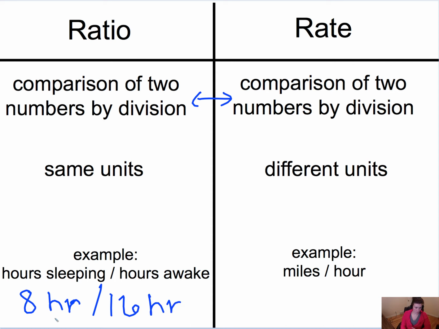Even though the numbers are different, your units are the same, hours and hours, so that would be a ratio. But if you're talking about speed, maybe speed of a car, and you're traveling at 55 miles an hour, again, the numbers are different. That doesn't matter, though. What matters is that your units are different. You're comparing miles and hours, so that is a rate.